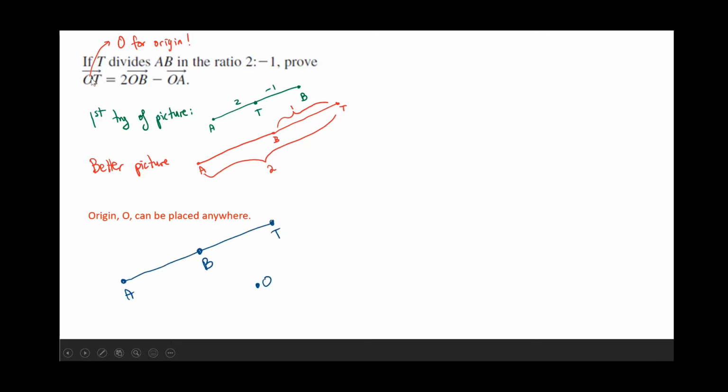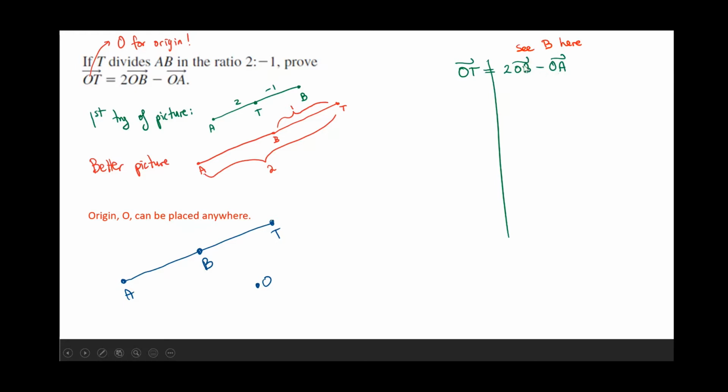Then this O here, I already mentioned that it stands for origin. So whenever you're trying to create a proof using origin and you haven't drawn it, you could just place it wherever you wish. So I placed it over here. Okay, so here's my setup of left side and right side chart.